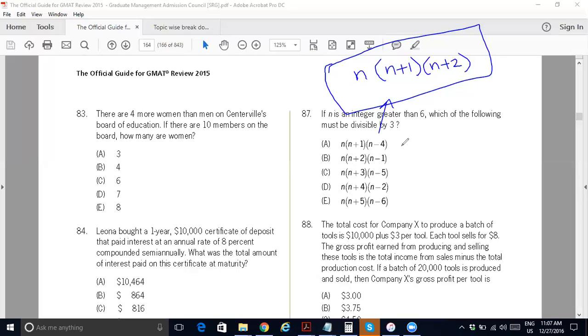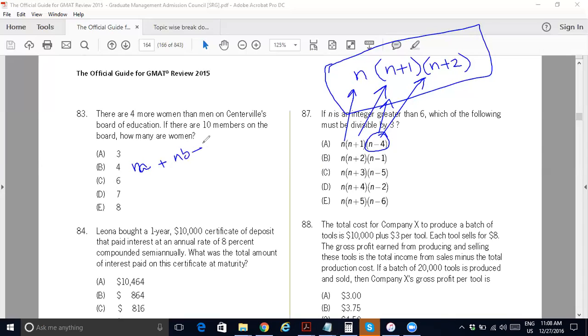Hold on. So you've added 6. How are you changing it into this format again? So n matches with n, n plus 1 matches with n plus 1. I have to convert this to look like n plus 2. I added 6. I can only add a multiple of 3, because if I am adding a multiple of 3, I am not changing the remainder. We discussed that remainder doesn't change.